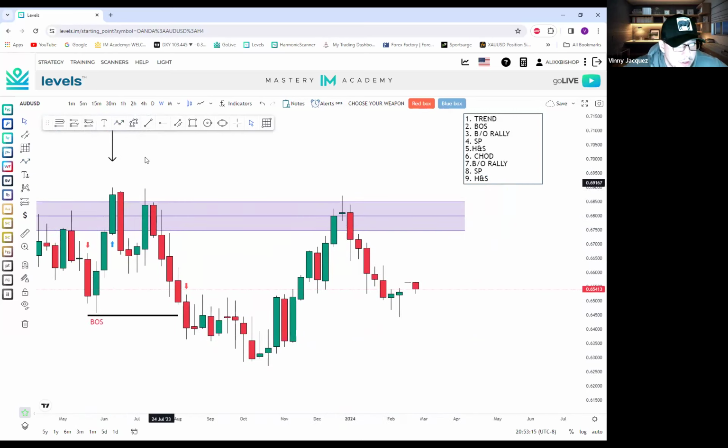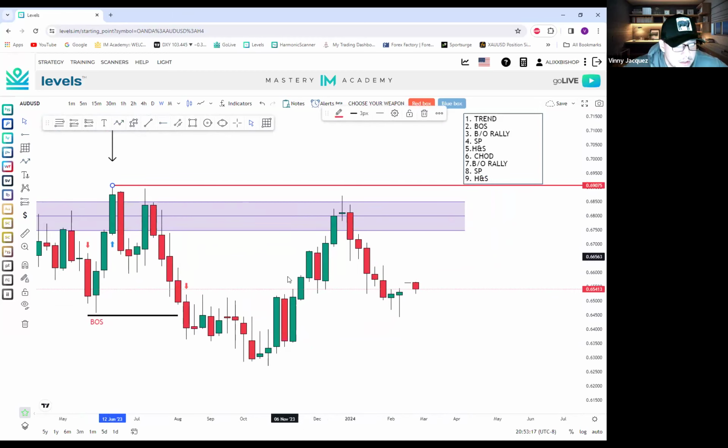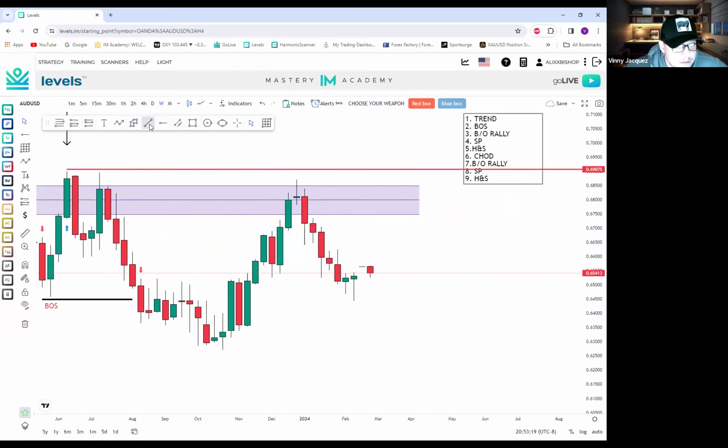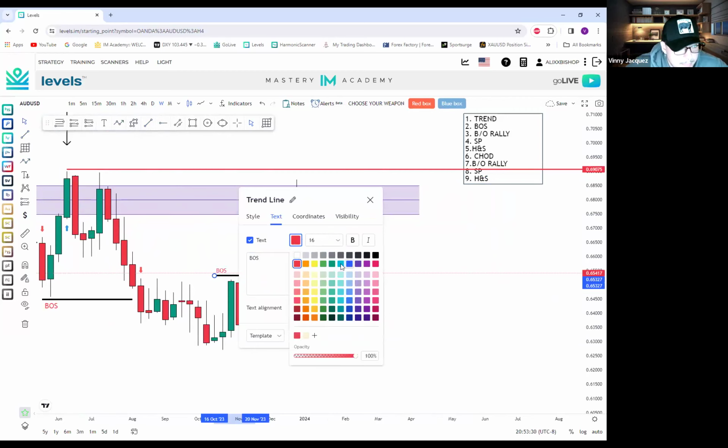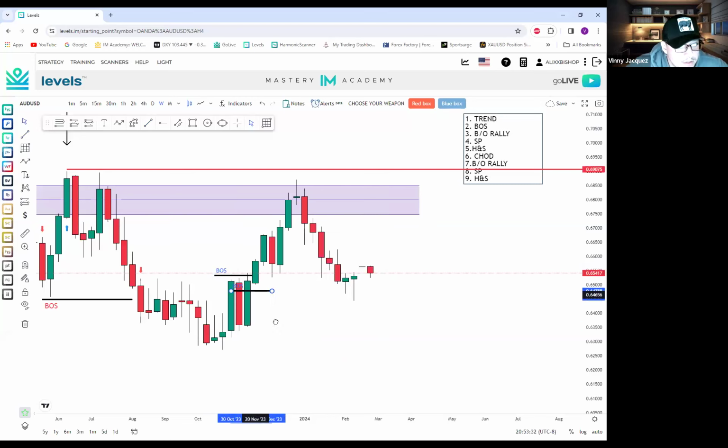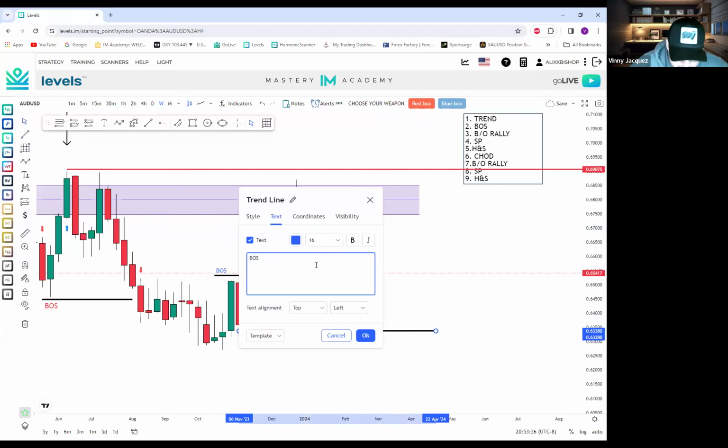We know that's a starting point. We know this is a stop loss, right? Now let's focus on the market structure. We get a BOS. Bullish BOS. Which means we need a change of character down here for sell opportunities.